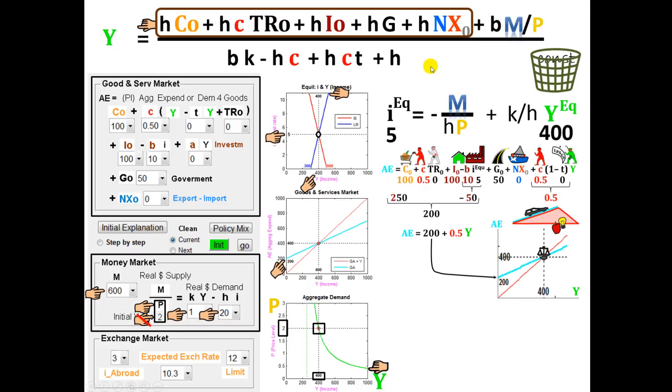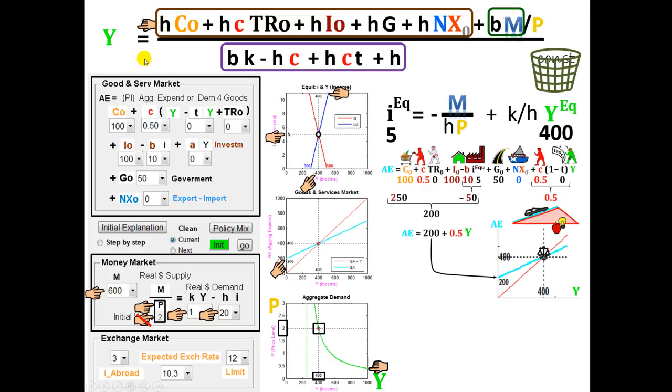Now the same thing happens here. You take B from here, constant, and you take M from here, 600, constant, and this term is constant too. You can check that all of these terms are here in the panels. So the only variables are Y and P, the rest is constant.